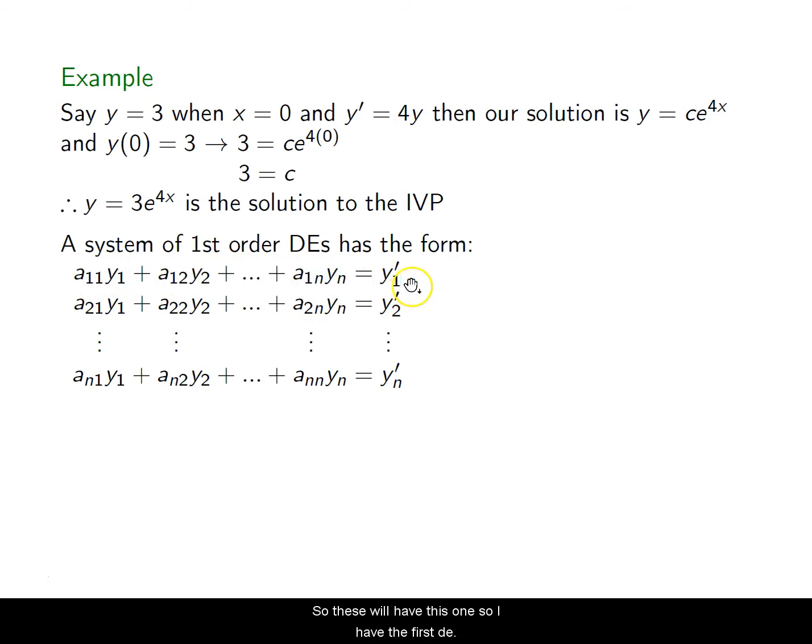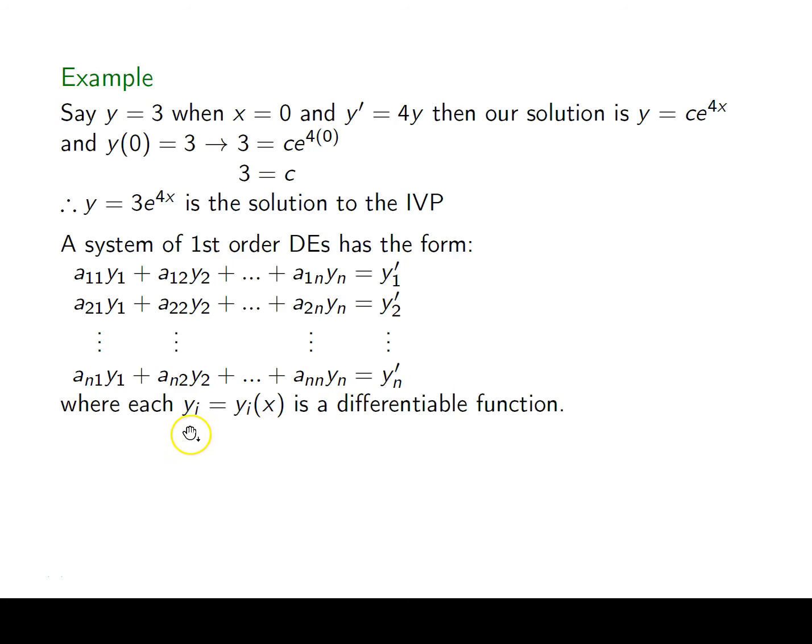So I have the first DE. y1 prime will be some coefficient times my first function plus some other coefficient times my second function. Each of these yi's is a function, and they work together in a system. My second derivative is also some sort of linear combination of those functions, all the way down until I'm taking the derivative of all of those functions.